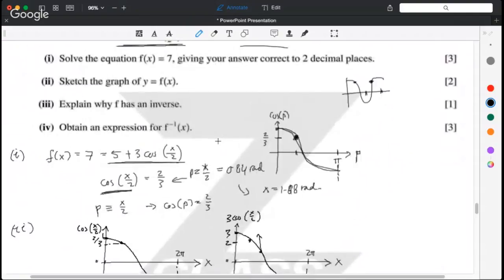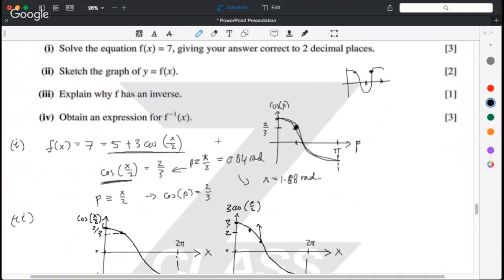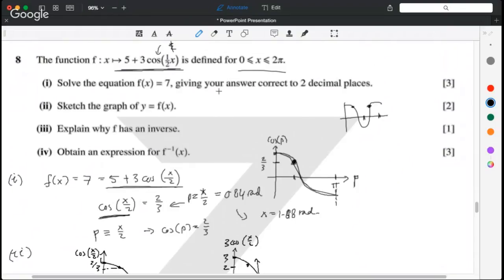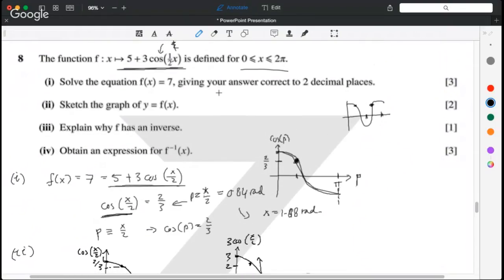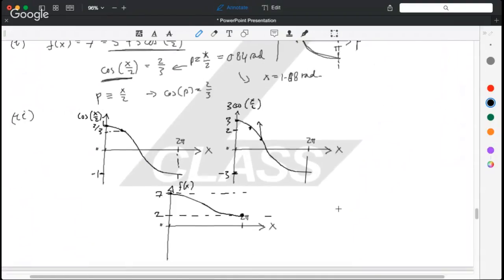Okay, explain why f has an inverse. Well, all you need to say is that within the range of f, so remember the range was within the domain of f and its range, it's a one-to-one function, right?